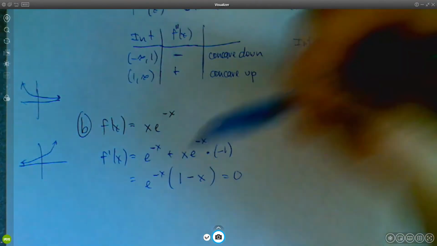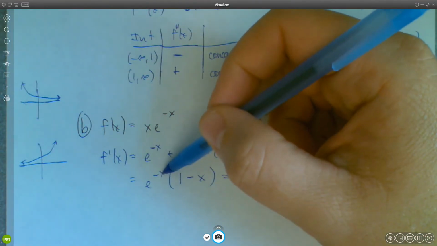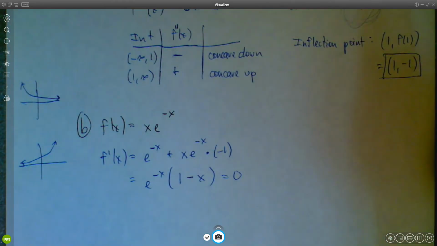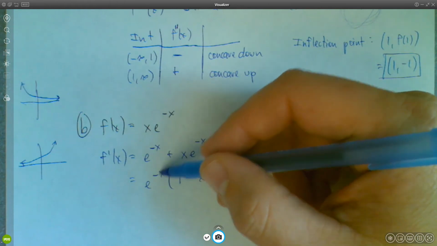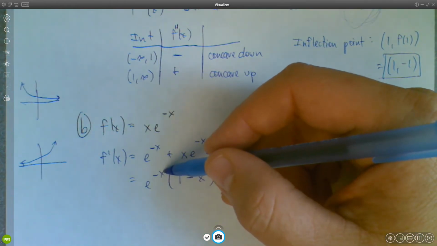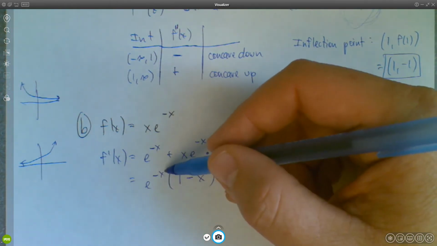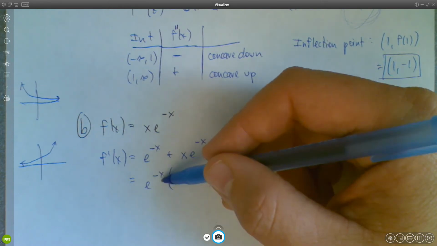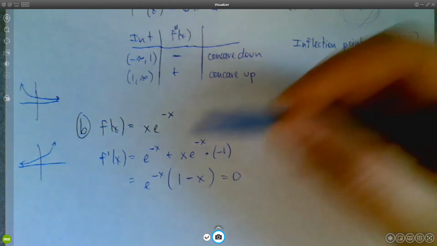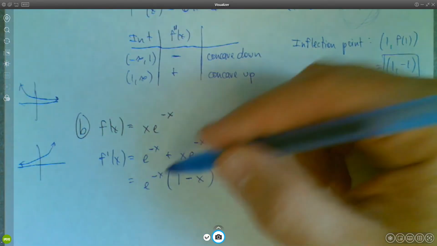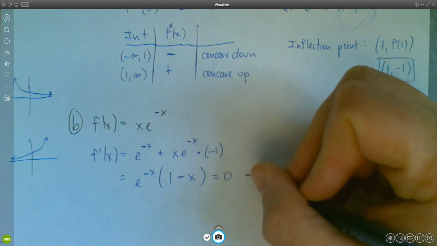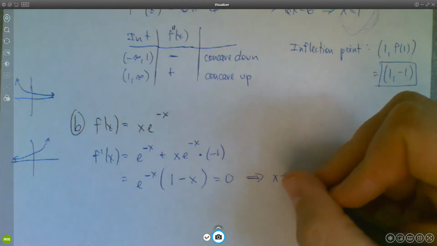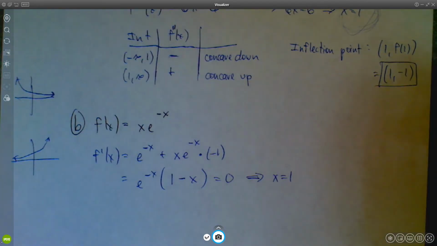No matter what you plug in for x here, e to any power is never going to be 0. If you plug in a really large negative number, you're just going to get a really large positive number back. If you plug in a really large positive number, you're just going to get a really small positive number back. But you're never going to reach 0. So the only place where this derivative could be 0 is if x equals 1. That's the only place where it could be 0.